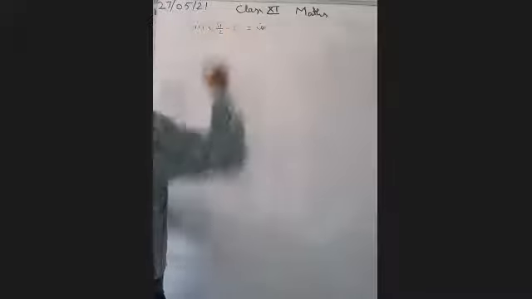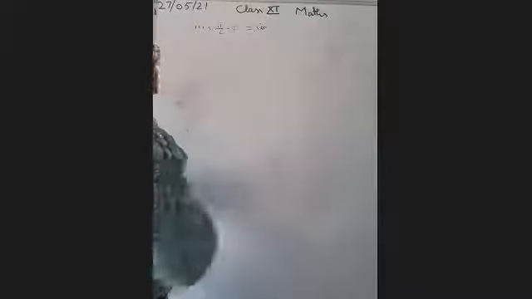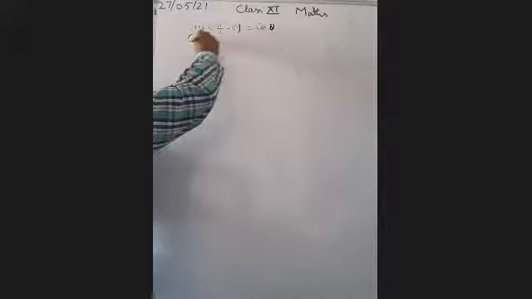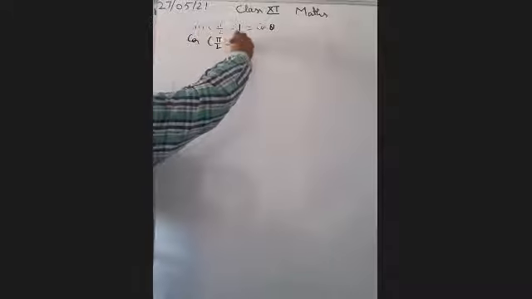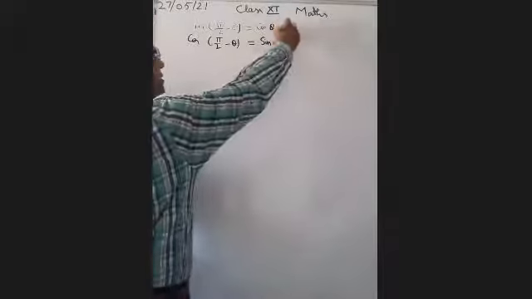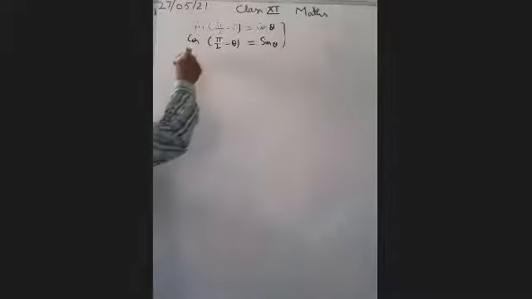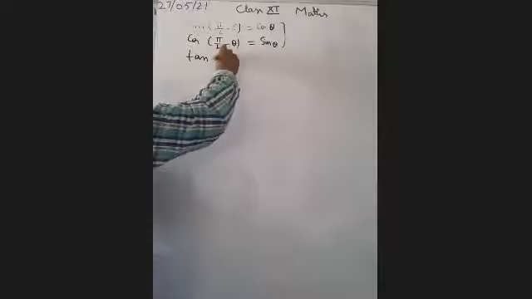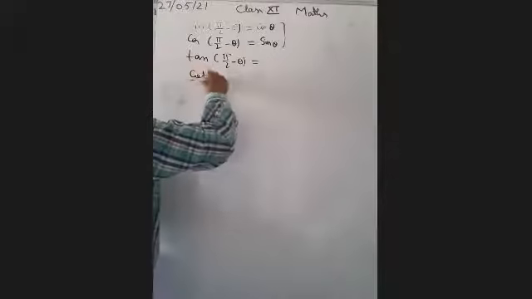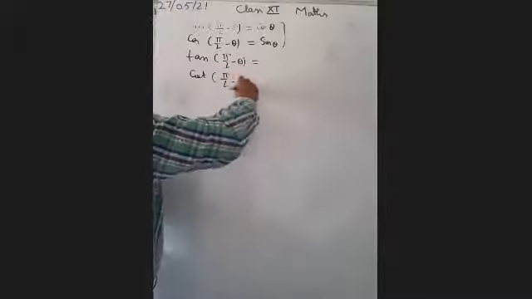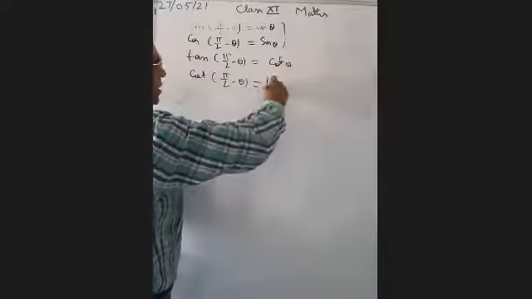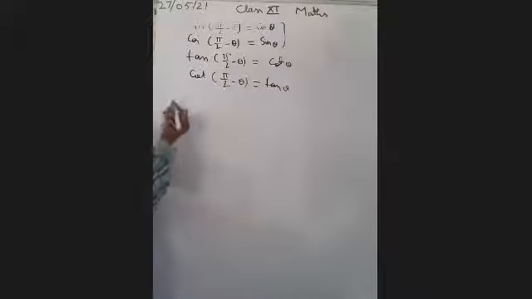Sin(90 − θ) = cos θ and cos(90 − θ) = sin θ. You observe that sin and cos interchange; these are called co-functions. Similarly tan(90 − θ) and cot(90 − θ) also interchange: tan interchanges into cot and cot into tan. You studied these in 10th class.